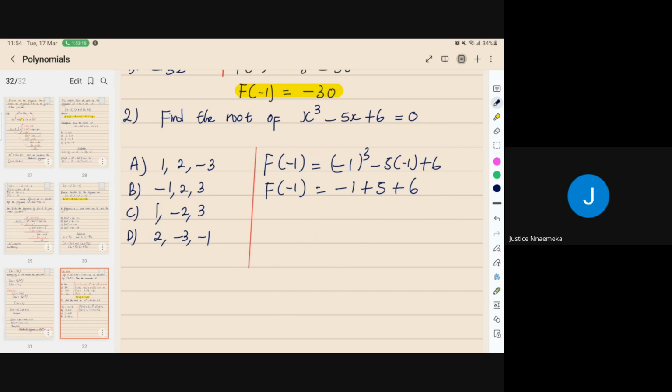X to the power 3 minus 5 alpha x plus 6. Calc for the value of x: let's use negative 1, it gives us 10. Let's use 1, it gives us 2. Let's use 2, it gives me 4. Let's use negative 2. Let's use negative 3.